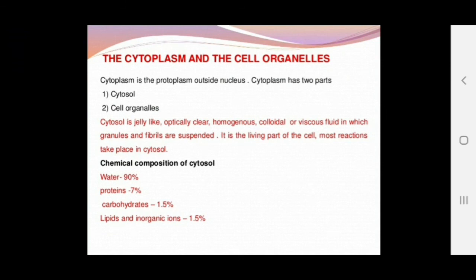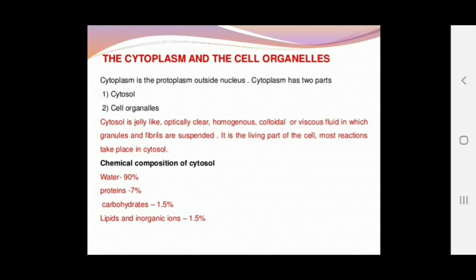The cytoplasm is the protoplasm outside the nucleus. The cytoplasm has two parts, that is cytosol and the cell organelles.